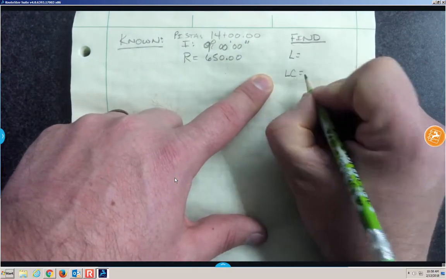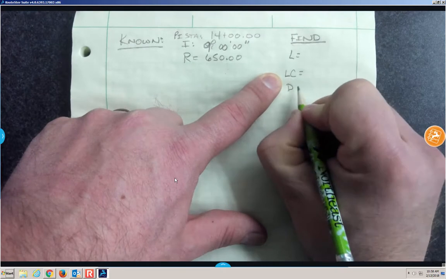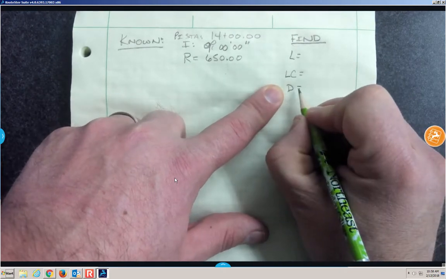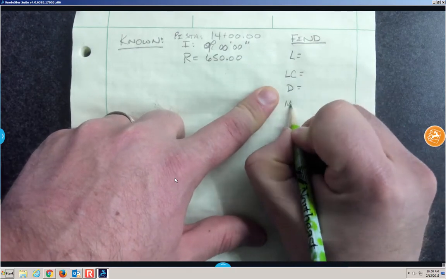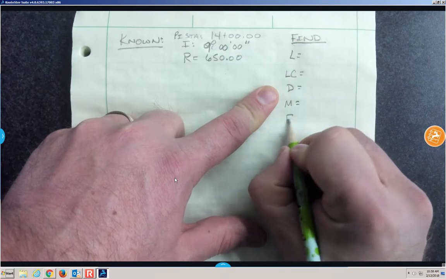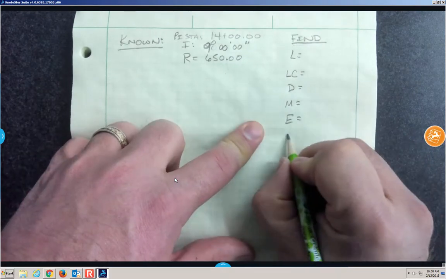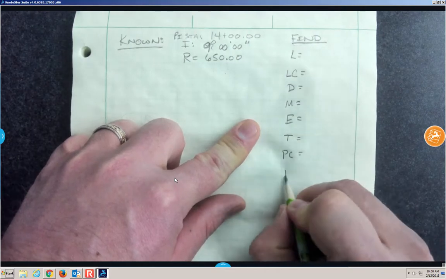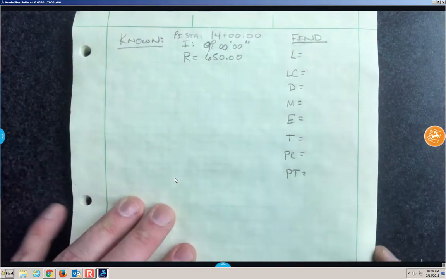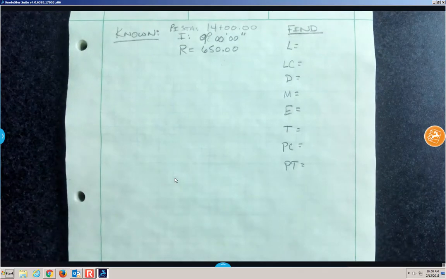I want to find the long chord, the delta, or the degree of curve, the middle ordinate, the external distance, the tangent, and then the PC and the PT. Those are the things that we are going to find based off of the information that was given, the stuff we know. So we'll use that list of formulas that I have in the PowerPoint.